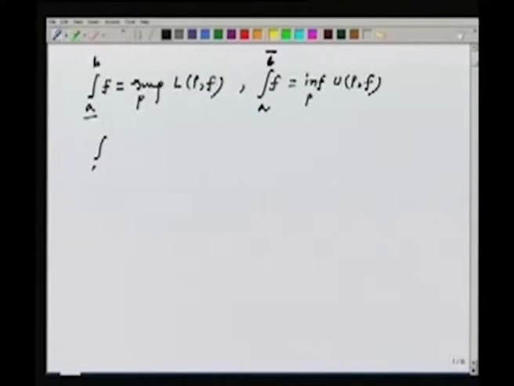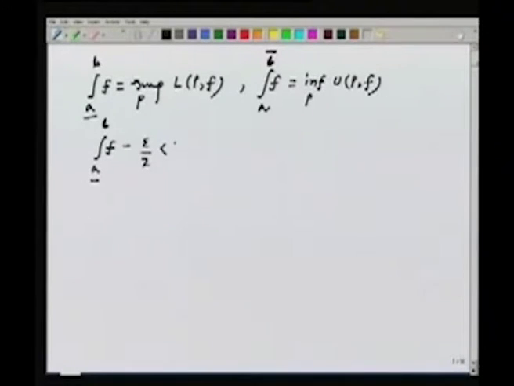Since epsilon is chosen, I will start with epsilon by 2, and I can say that the integral of f minus epsilon by 2, that is, if I decrease the supremum a little bit, then there is some member of the set which is bigger than this decreased supremum. So this is less than L(P,f), I call it L(P2,f), for some P2 which is a partition of [a,b].